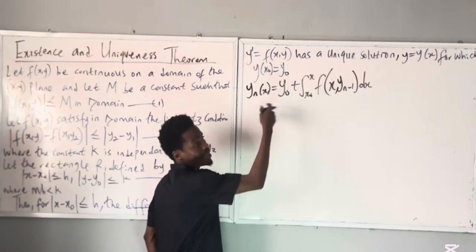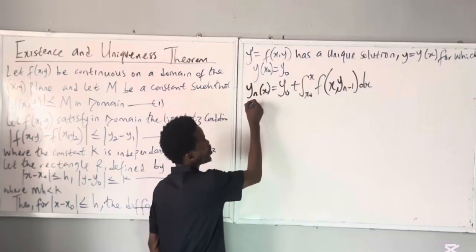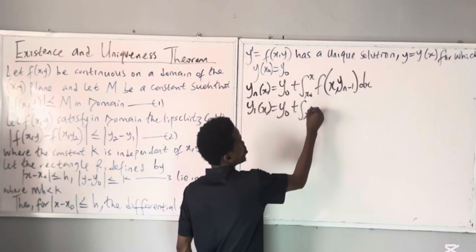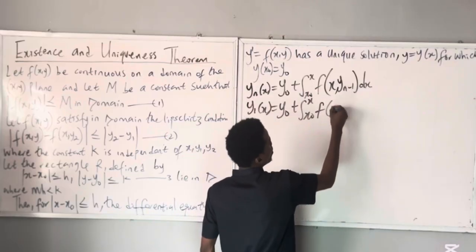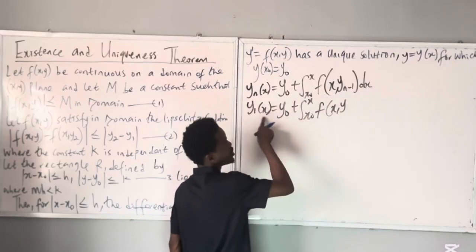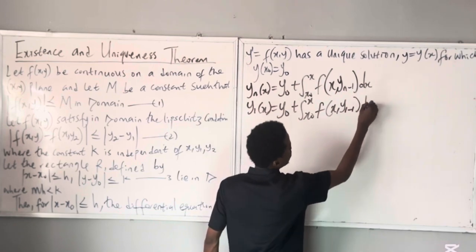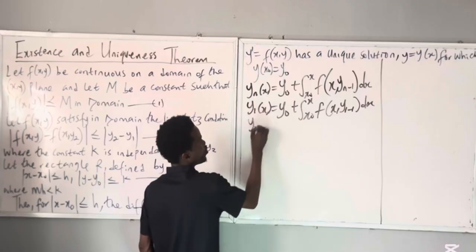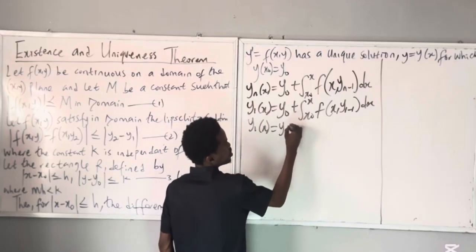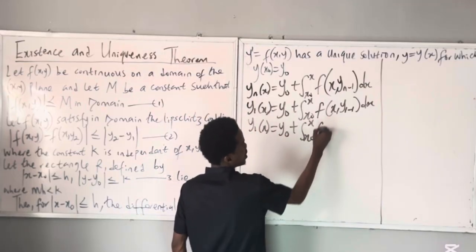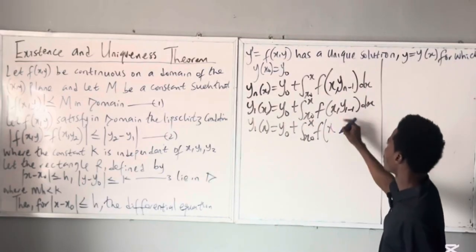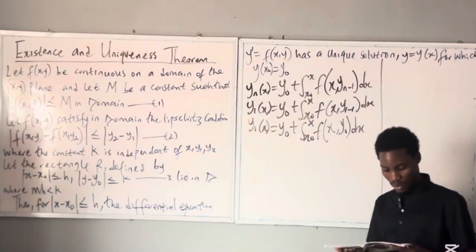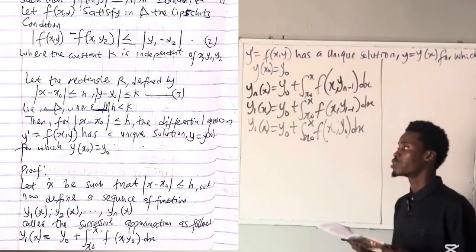So if n is 1, we are going to have y1 of x equal to y naught plus the integral from x naught to x of f of x, y n minus 1, which is y naught, dx. You can see from there that that's why they get y naught dx.